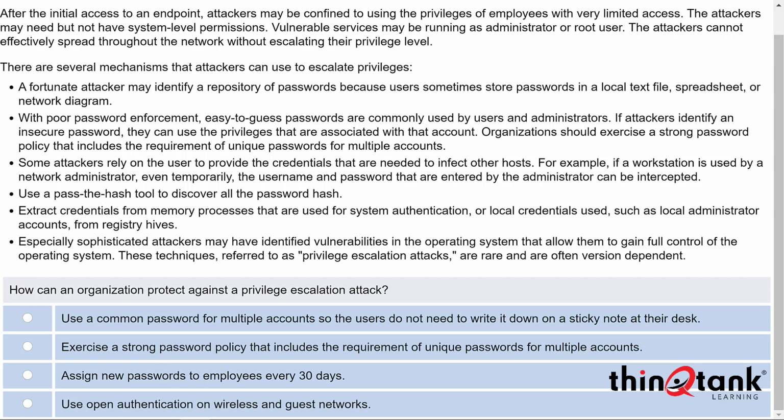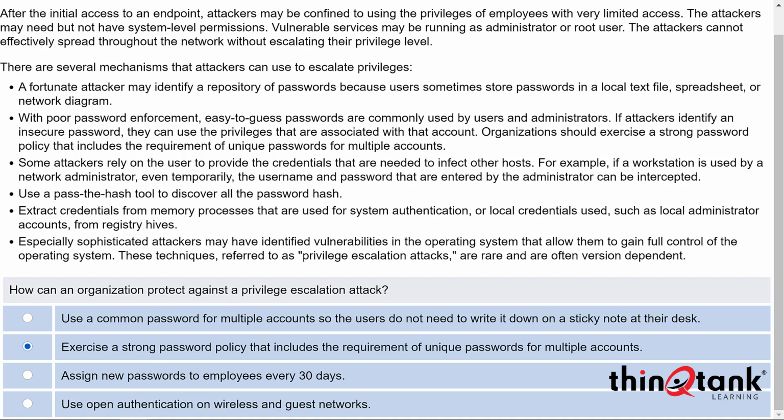Exercise a strong password policy that includes the requirement of unique passwords for multiple accounts. Absolutely. A strong password policy would definitely help. It's certainly not the only thing that we're going to do. We could also implement multi-factor authentication and other methods for securing authentication, but having a strong password policy should be the foundation of your overall authentication security architecture.